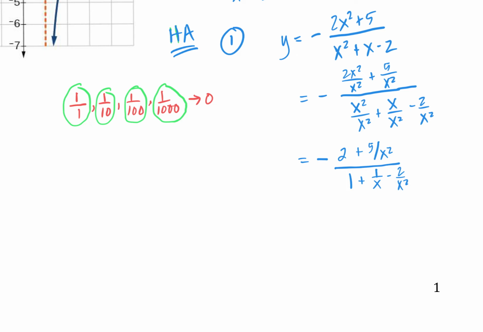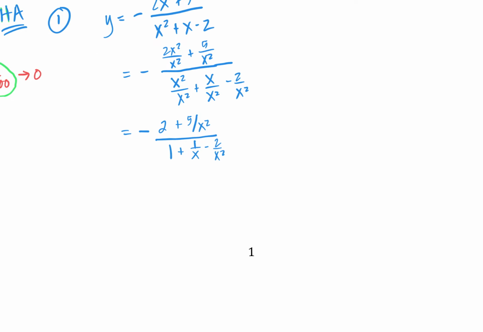So let's go back to this, and remember this is a y value. All we've done was divide each term by x squared, which we can do in a fraction, dividing top and bottom by the same quantity. Each one of these fractions where we have an x in the denominator, as x goes to infinity, is getting closer and closer to 0.